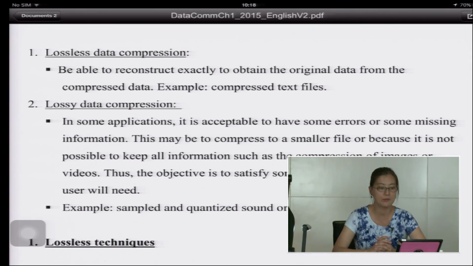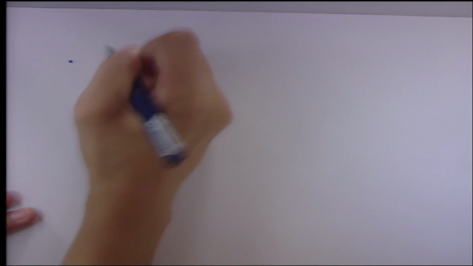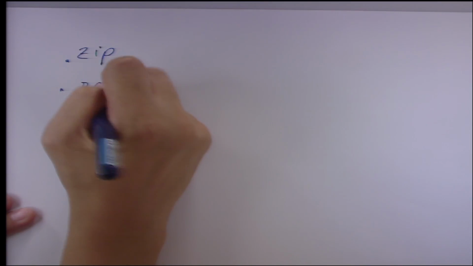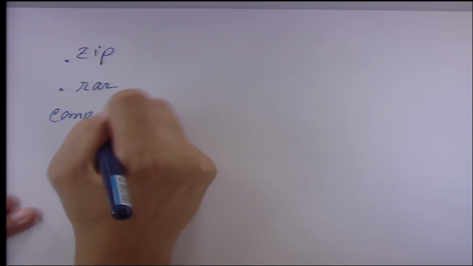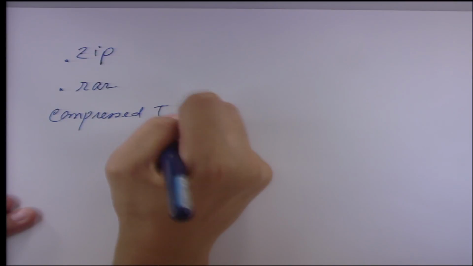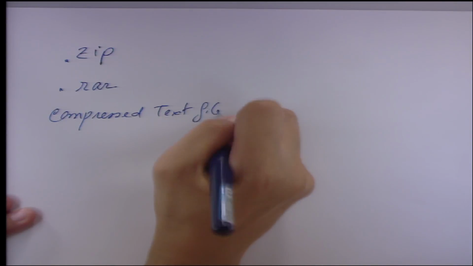For example, compressed text files, such as a .zip or .rar file. These are compressed text files.